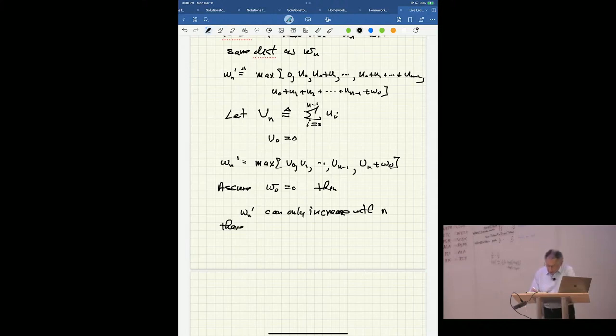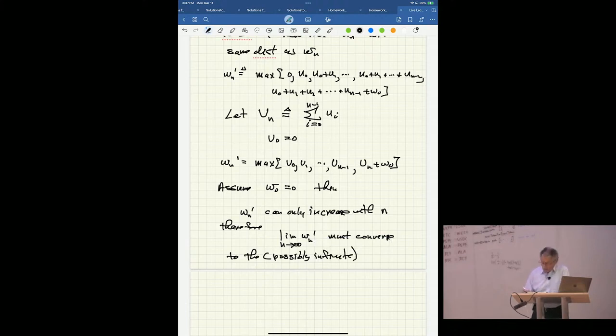All this is to come up with the following conclusion. Therefore, the limit of w sub n prime as n goes to infinity must converge to the, and in parens, possibly infinite random variable, which we've always called w tilde, the waiting time random variable.